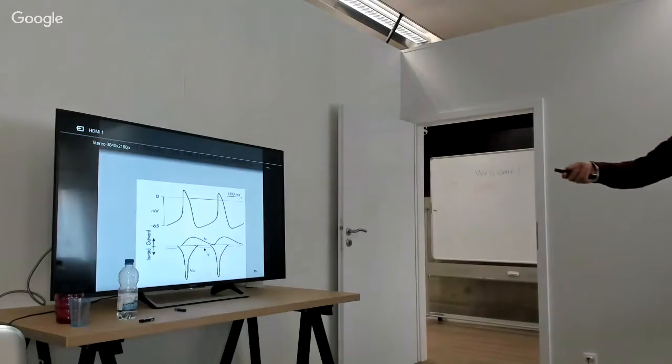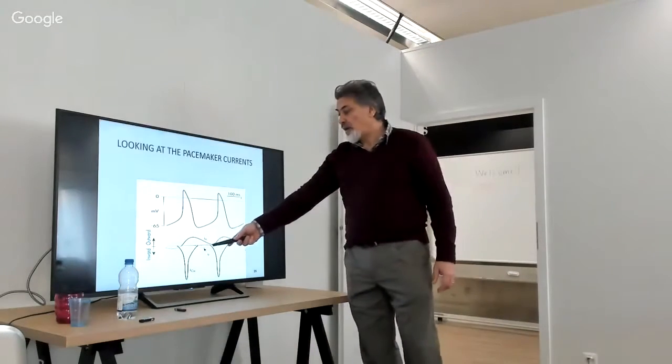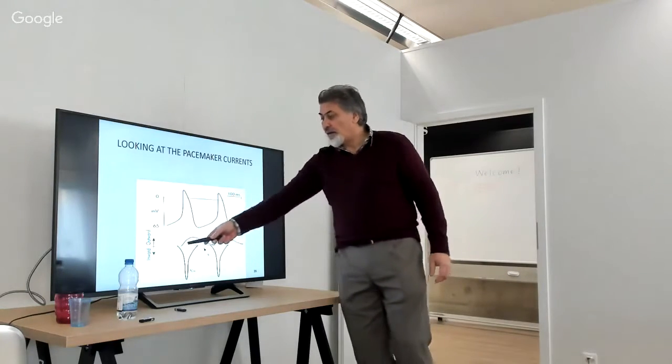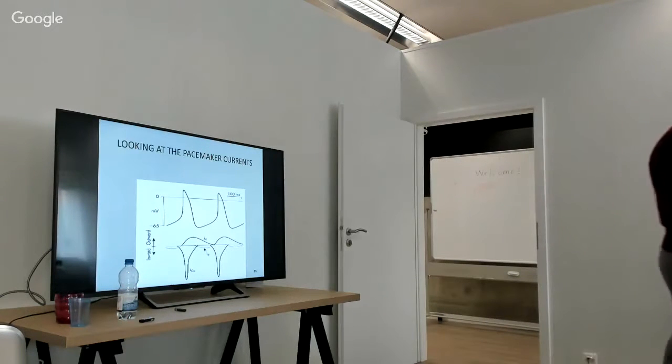This is a representation of the funny current that goes in, the calcium current that goes in, and the potassium current that goes out during the cycle.